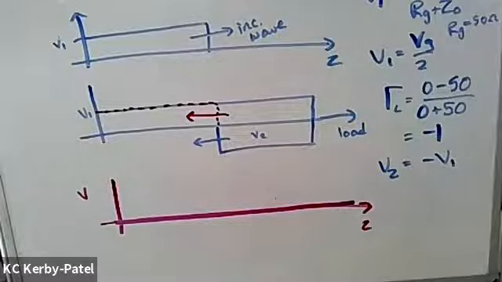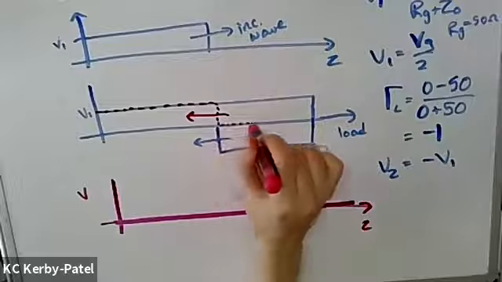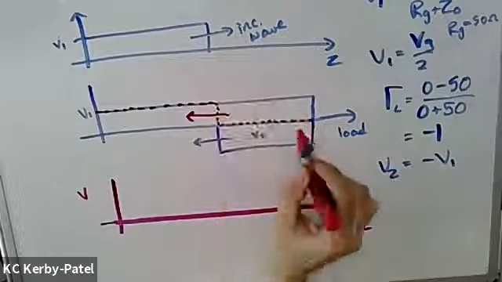When you drew the reflected V1 equals 0, I guess I'm trying to understand the convention, how you have it above the axis. This is the total voltage.